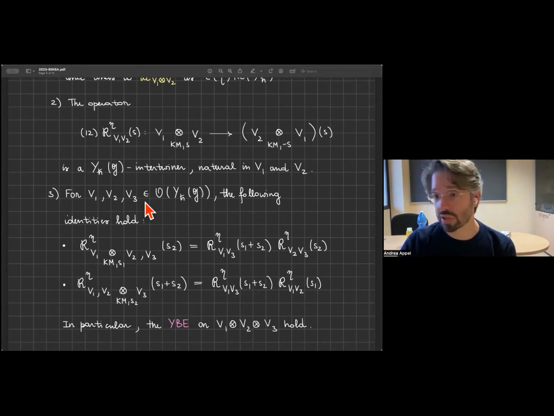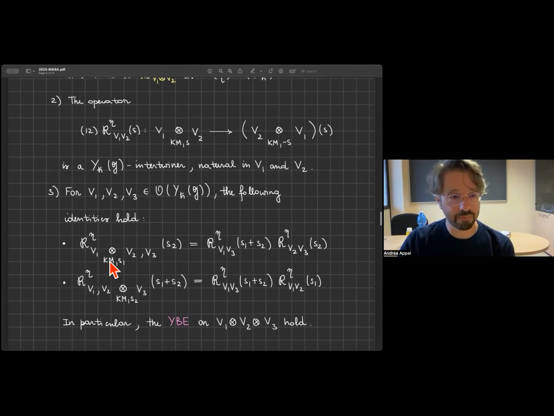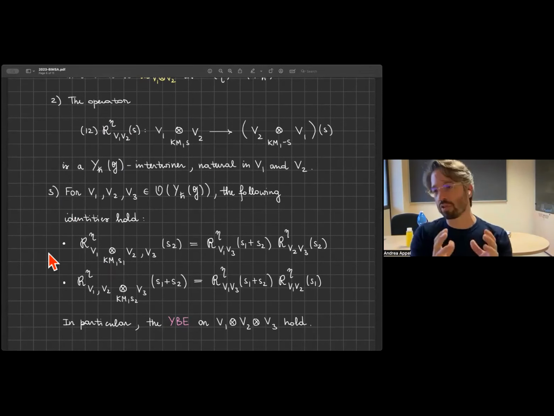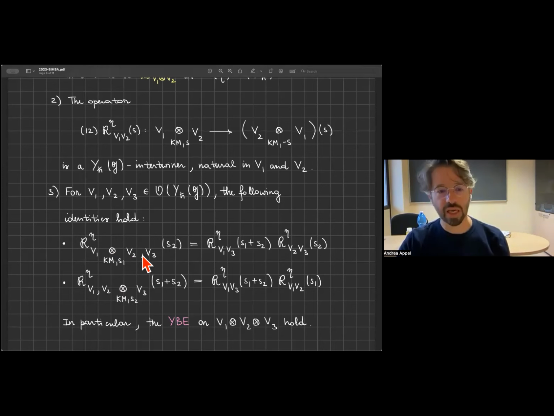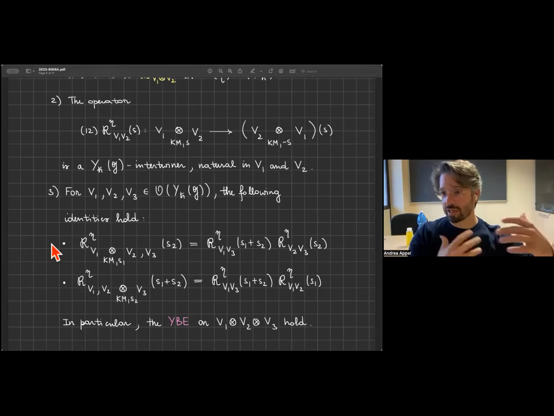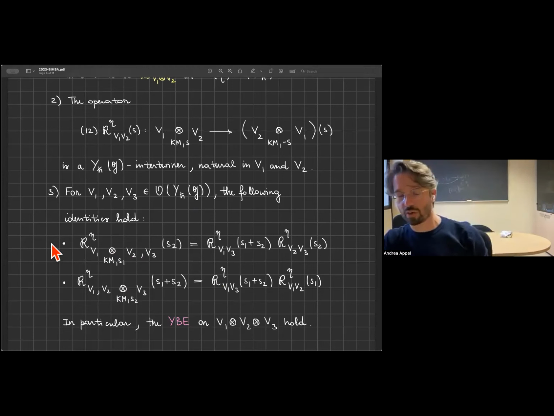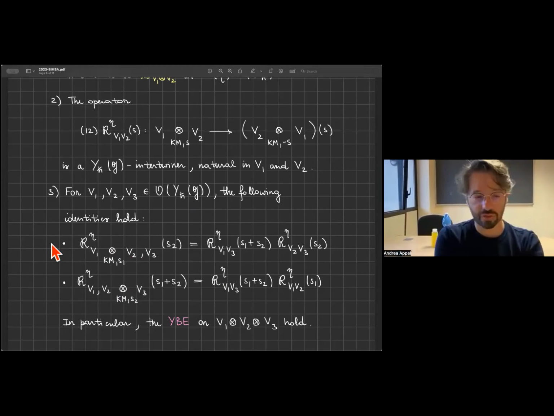So if I now take three representations V1, V2, and V3, then I can clearly consider the operator when the first representation is a tensor product, or the second representation is a tensor product. And then I get these two identities. These are indeed exactly the same thing that I was telling you before. If you take the original Drinfeld coproduct identities and you throw in a shift in the first term.